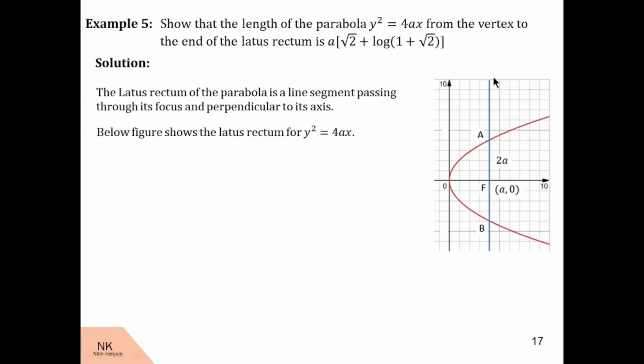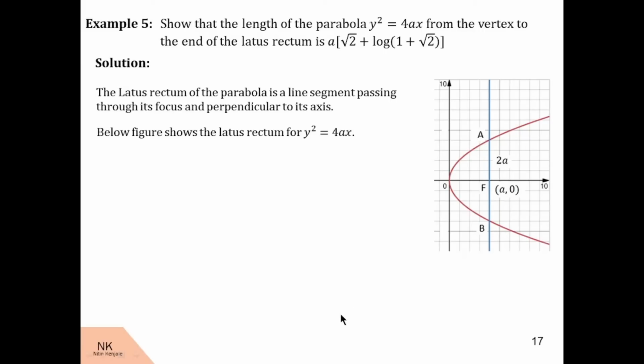Note that this latus rectum is perpendicular to the axis of the parabola. This is the focus of this parabola whose coordinates are (a, 0). This much distance is 2a. Similarly, this distance is also 2a. Therefore, coordinates of the points A and B are respectively (a, 2a) and (a, minus 2a).